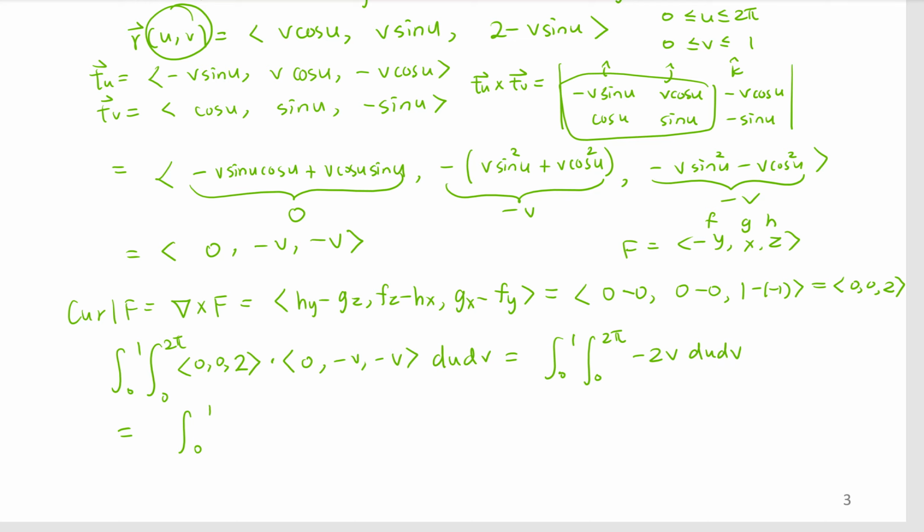Because it has no u in it, the integral of a constant with respect to u is just u from 0 to 2 pi. So we get 2 pi times negative 2, and the integral of v is v squared over 2 evaluated from 0 to 1. When we plug in 1 we get 1/2, when we plug in 0 we get 0. So we get minus 2 pi.